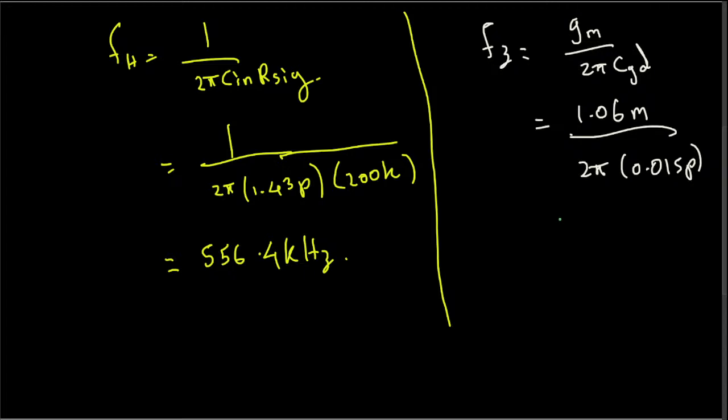So once we have plugged in the values, we will end up getting the final value to be 1.12 times 10 to the power of 10 hertz. Okay, and that's it for this question.